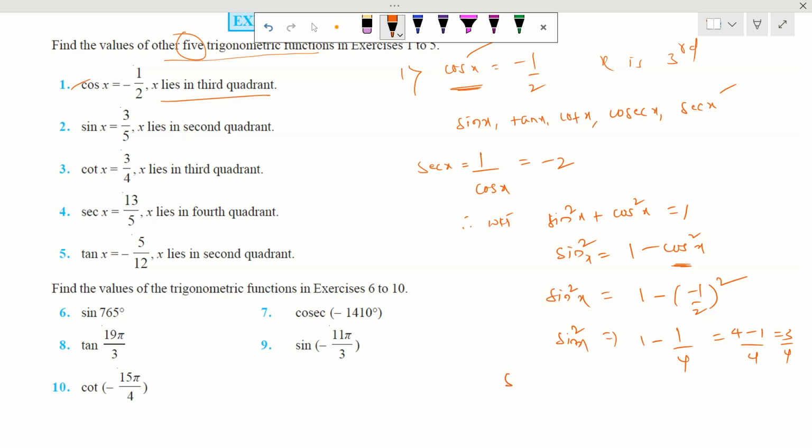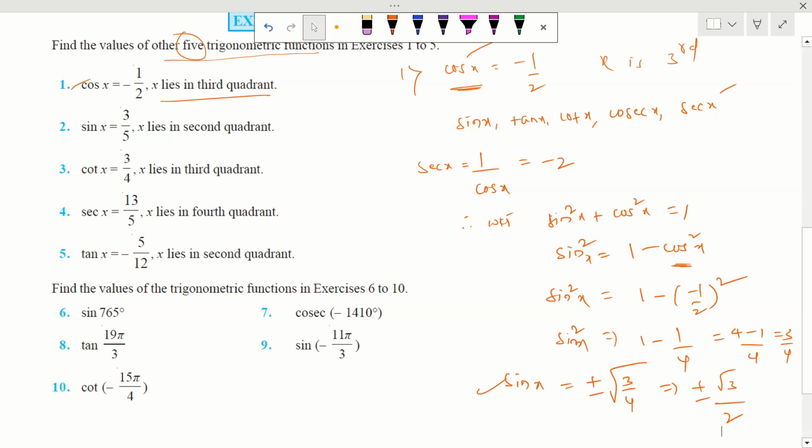Now we have to find the value of sin x. The square comes to the other side, so sin x is plus or minus the square root of 3 by 4. The square root of 3 we don't know, so I will keep root 3 here. The square root of 4 is 2.